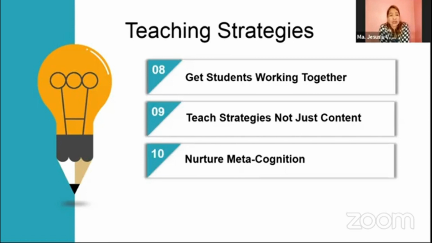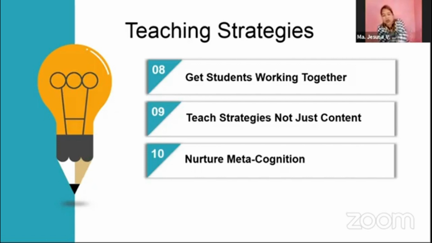Okay, next is number 10, nurture metacognition. So, what is metacognition? Anyone? I know that I have students here before and now teachers, and they are familiar with metacognition. So, metacognition is about thinking about thinking.